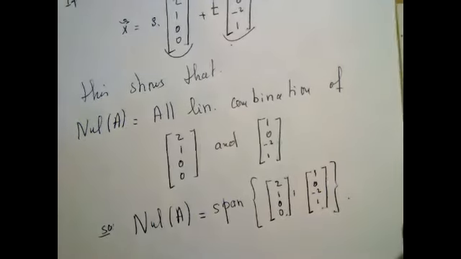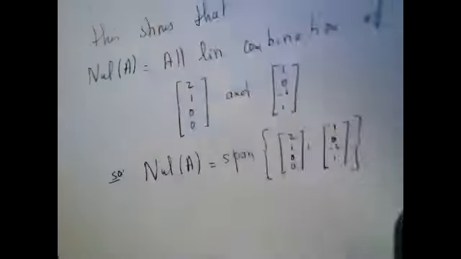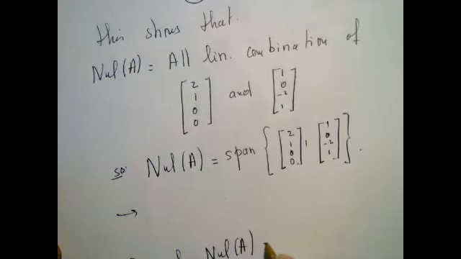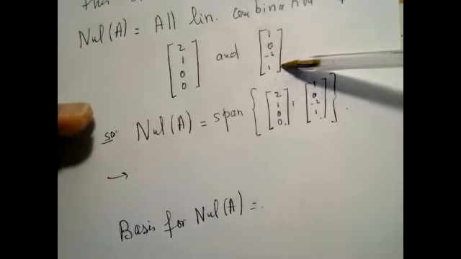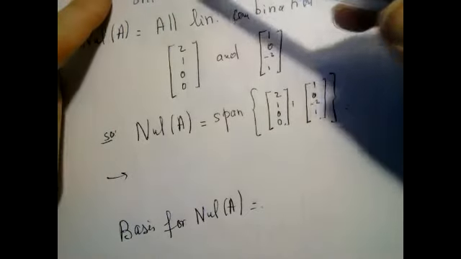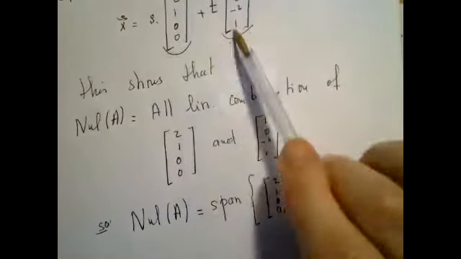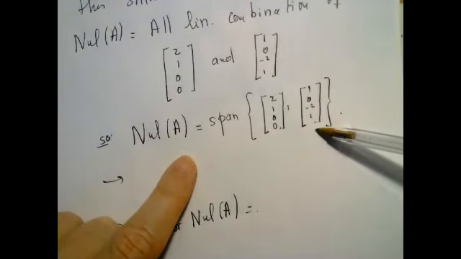Okay, so far I'm doing things we've done before. So now, what's the basis for the null space? Okay, that's the basis. So let us analyze what we got so far. We found the null space, and once you write it in parametric vector form, every vector in the null space is a linear combination of those two vectors. So the null space is nothing more than the span of those two vectors.